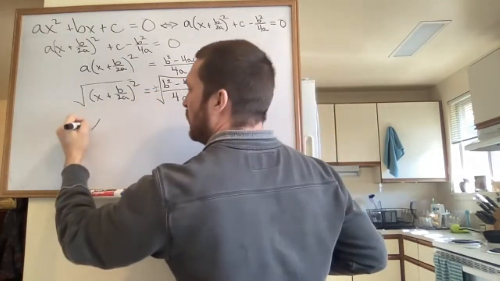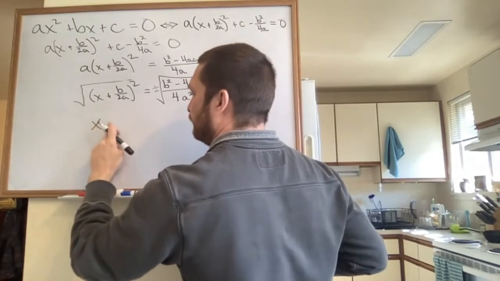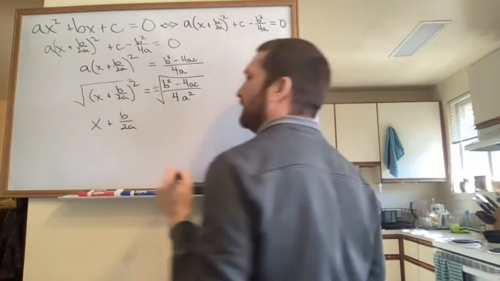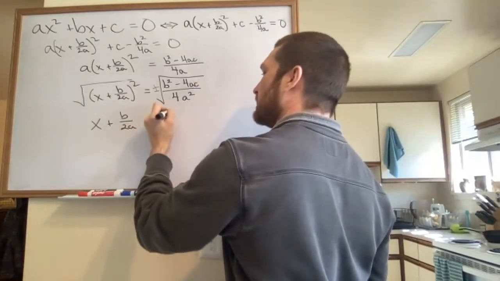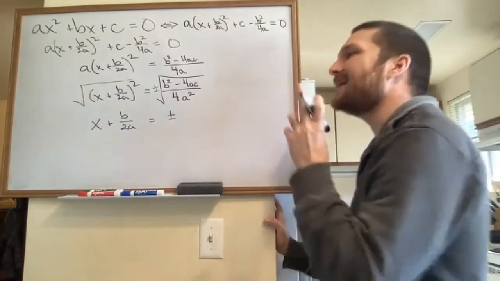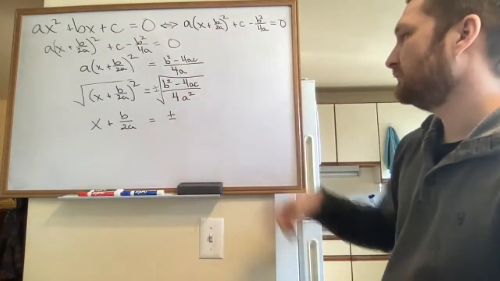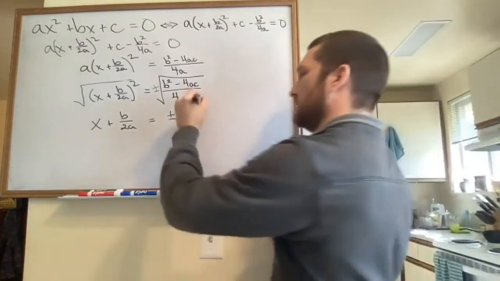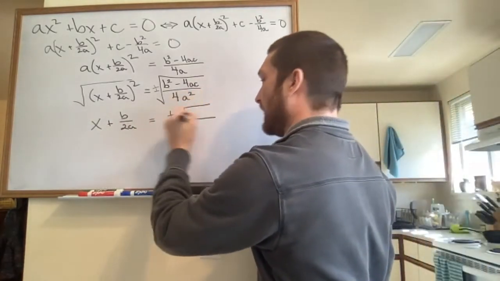Okay, so now we have x plus b over 2a equals plus or minus. Now watch what I'm going to do. I'm going to say, wait a second. That is a perfect square. 4a squared is something squared.